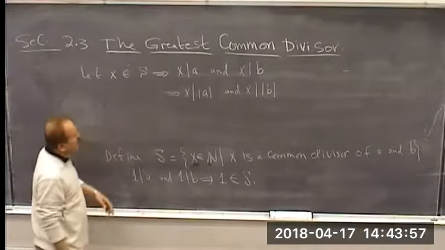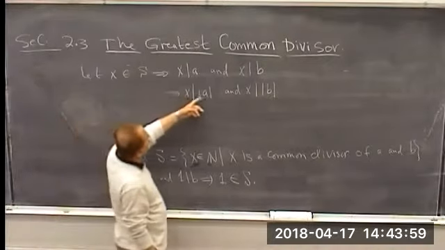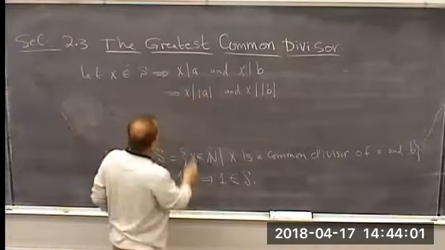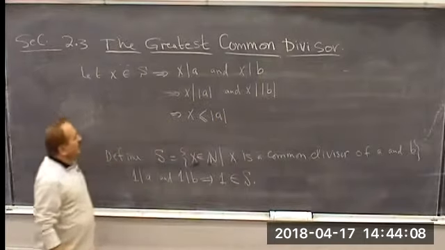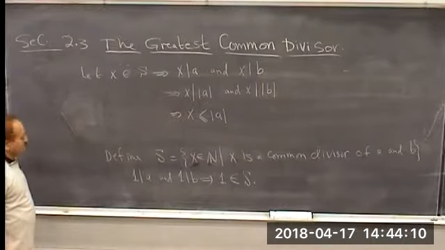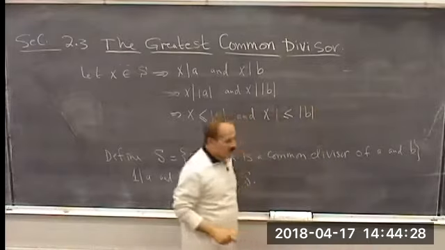Also, we have shown that if x divides a number, then x is less than or equal to that, because the absolute value is going to be a multiple of x. So x is less than or equal to this, as well as x is less than or equal to the other.